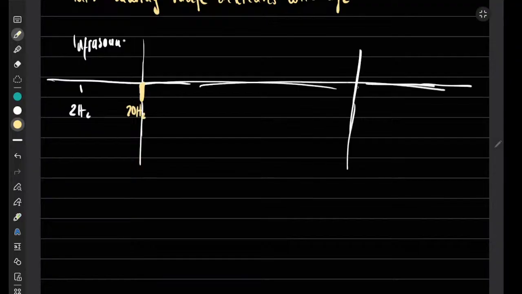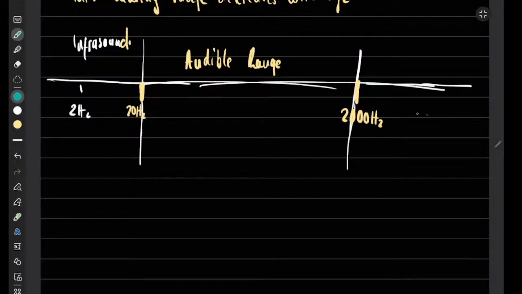Then from 20 hertz to 20,000 hertz, you can hear. This is the audible range. Infrasound has a frequency less than 20 hertz. When you pass 20,000 hertz, this is ultrasound.